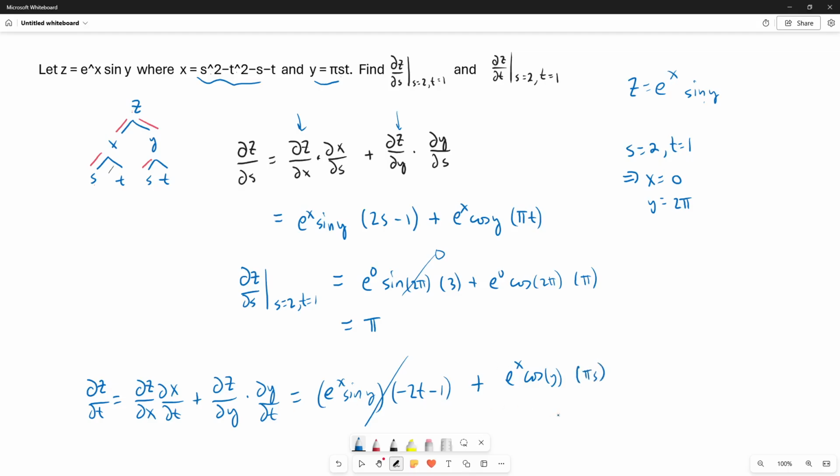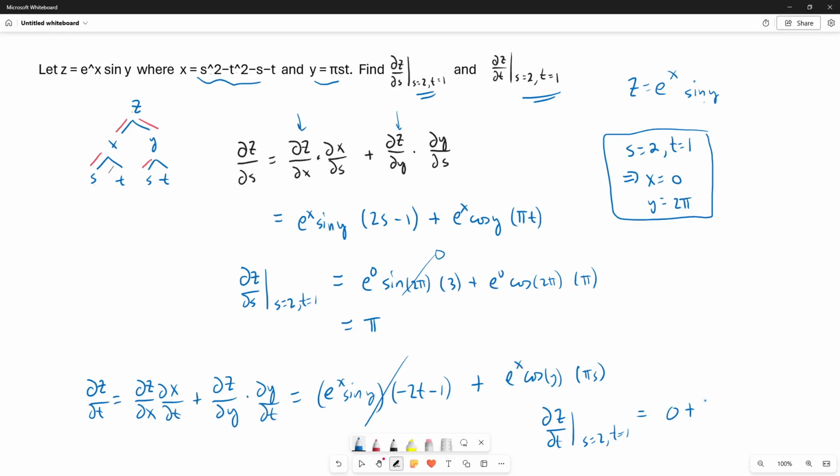And when we plug in the numbers, dz dt at the point where s is equal to 2 and t is equal to 1, this first term is going to have a sine of 2 pi, which is 0 as mentioned earlier, so that's going to be a 0, plus e to the 0. We still are using this fact when s is 2 and t is 1 because it's the same numbers here, so the x is still 0 and the y is still 2 pi.